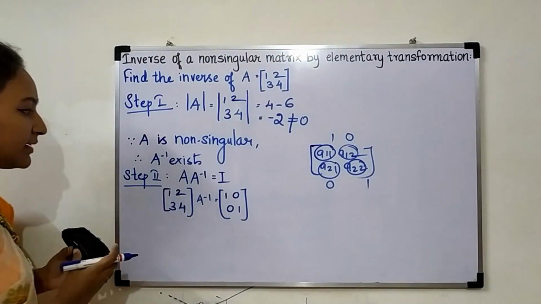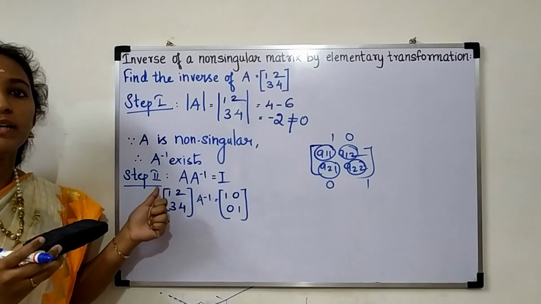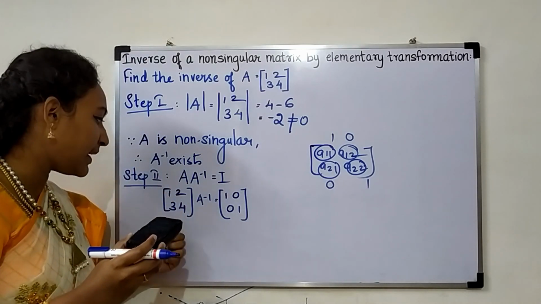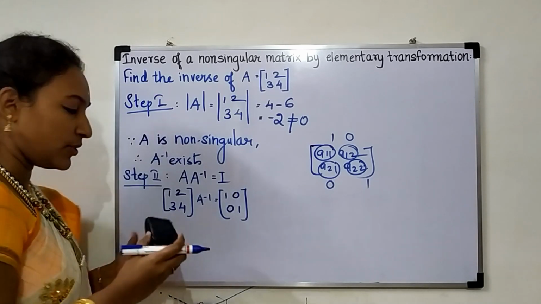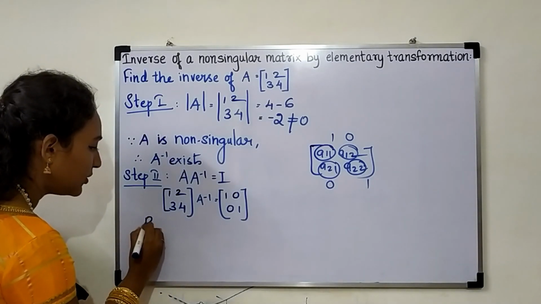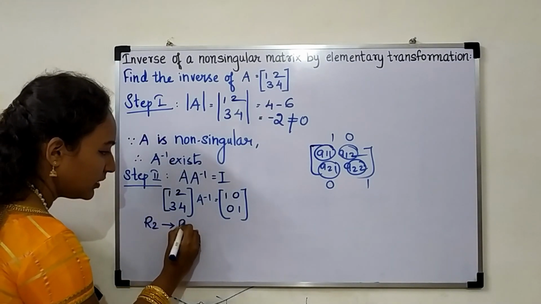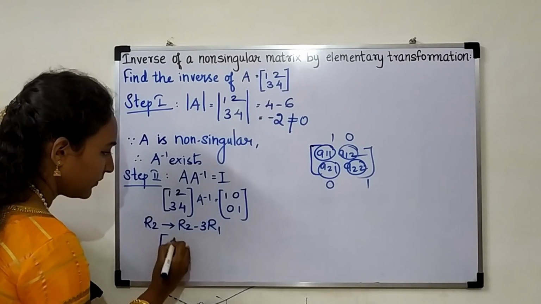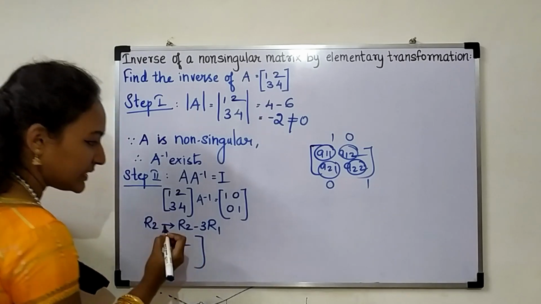So you can notice here your A11 is already 1. Okay, so with the help of this 1, let us make this A21 0. That is your R2 minus 3R1. R1 as it is.